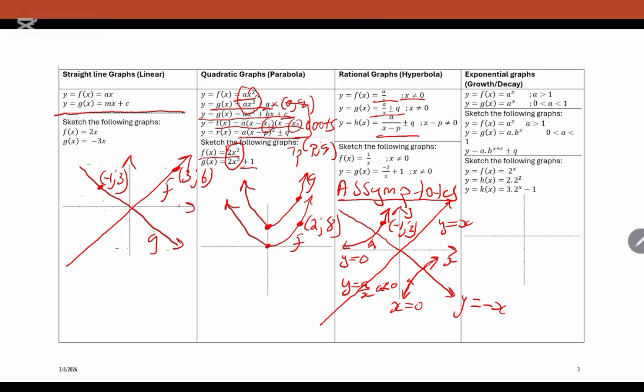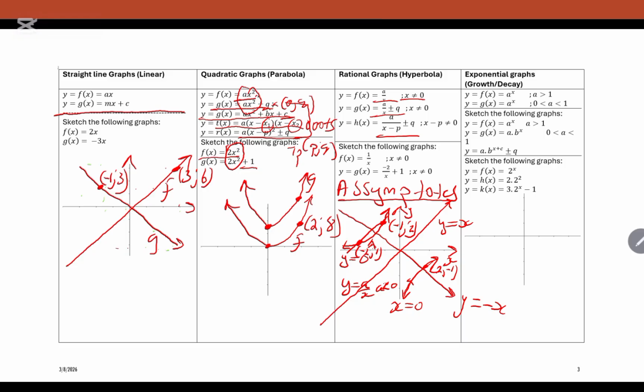When it is reflected about the line y is equal to x, the image of that point becomes 2 and negative 1. The very same point is also reflected about the line y is equal to negative x, and it comes to this side. The coordinates of this point become negative 2 and 1. So these are the two reflection lines that we must talk about.